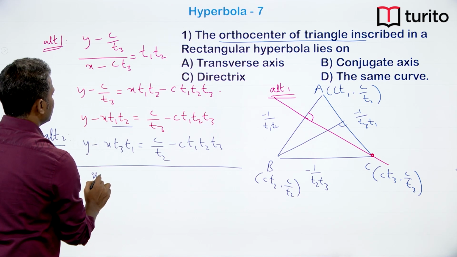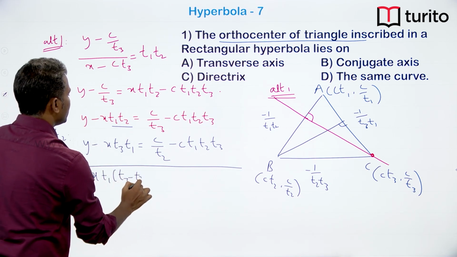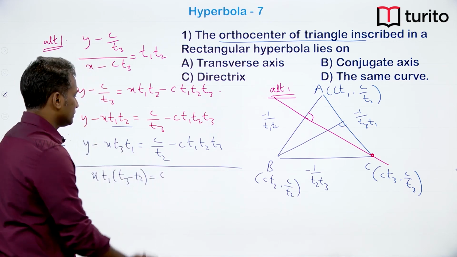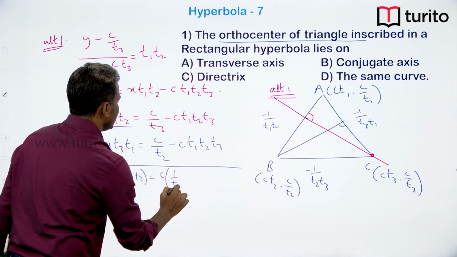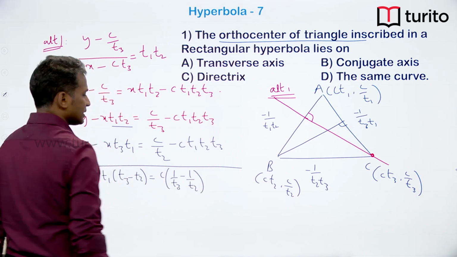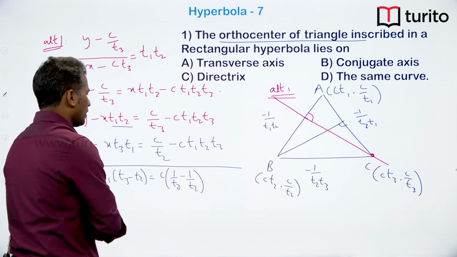X common and also T1 common, I will get T3 minus T2 here, and here if I take C common, I will get 1 by T3 minus 1 by T2, and this term gets cancelled. Now again if I further simplify, what do I get?